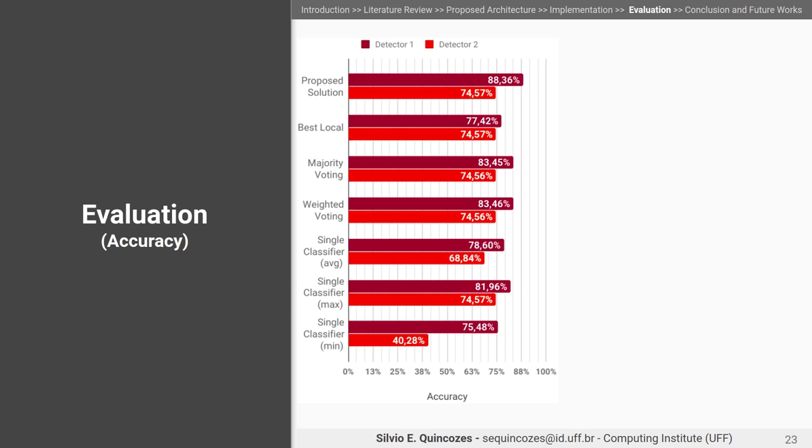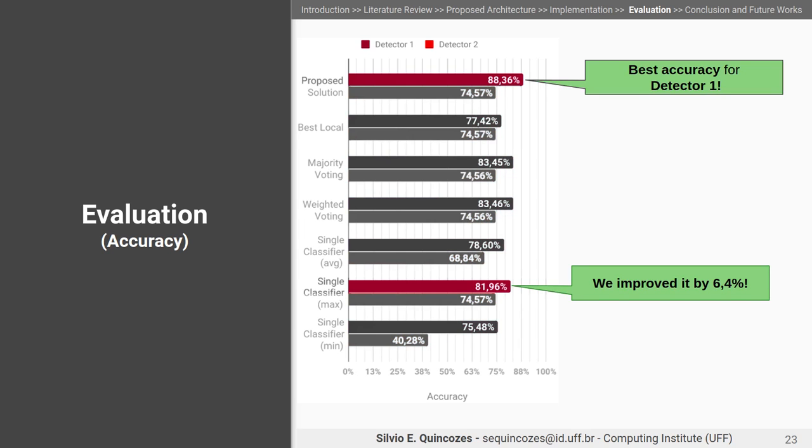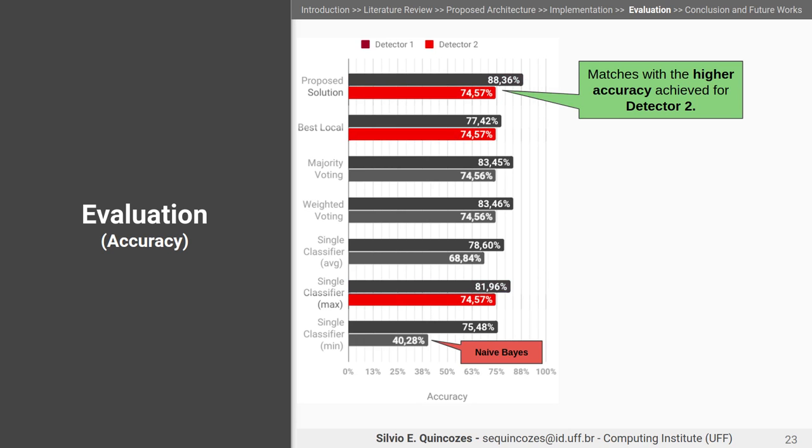Regarding the second evaluation experiment, we have this result. In this graphic, we can see that our proposed solution achieved the best accuracy for detector number 1. It also achieved the best accuracy for detector number 2. In addition, the best local approach here achieved the same accuracy for detector number 2.